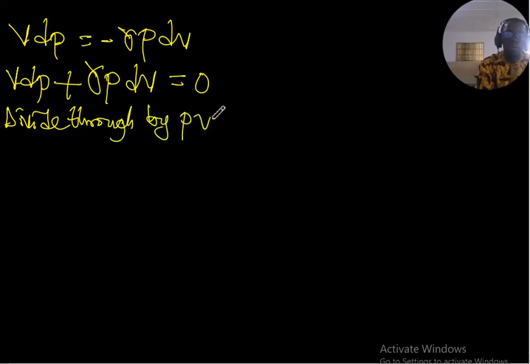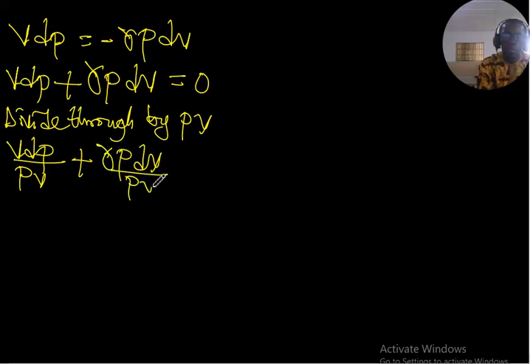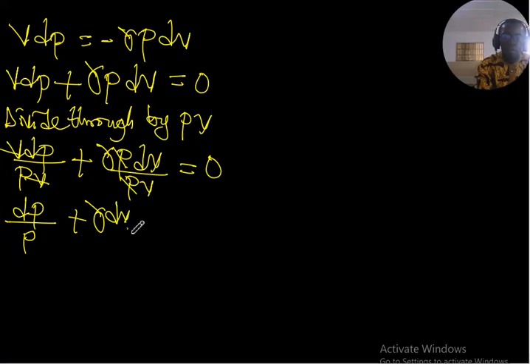If I do that, the first part, I'm going to have V dP over PV plus gamma P dV over PV equals 0 divided by PV, that is 0. So here, this V cancels, you are left with dP over P plus gamma, and this P cancels, I'm left with dV over V equals 0.